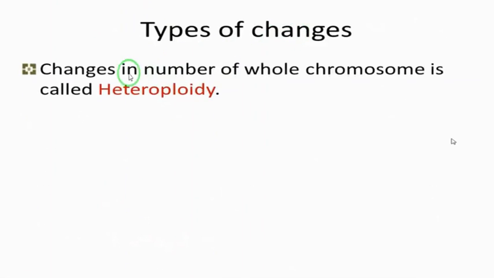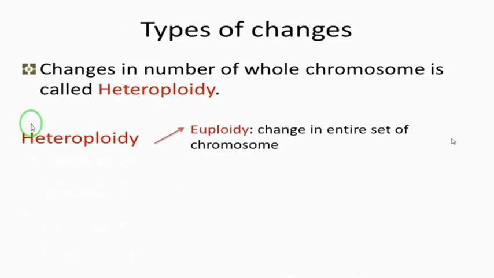Next we have to see the types of changes. Changes in the number of whole chromosomes is called heteroploidy. This heteroploidy is divided into euploidy and aneuploidy. First one, euploidy.